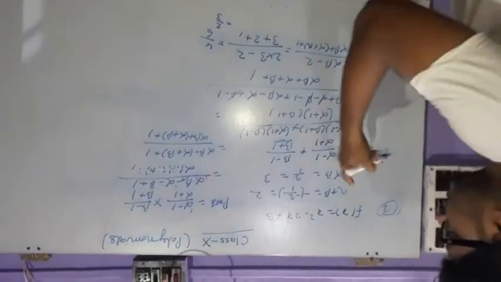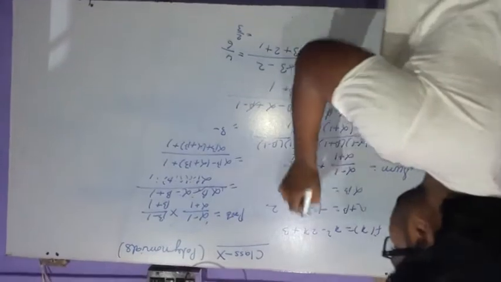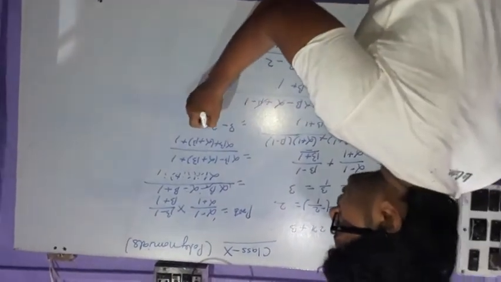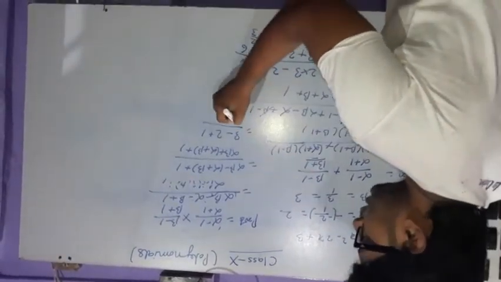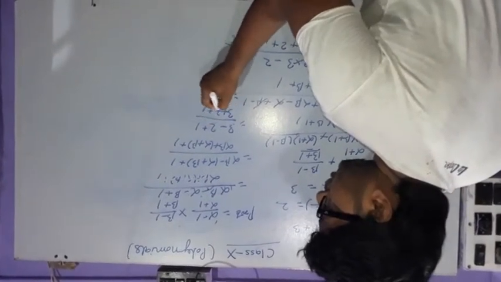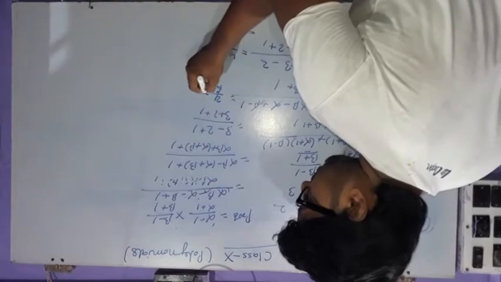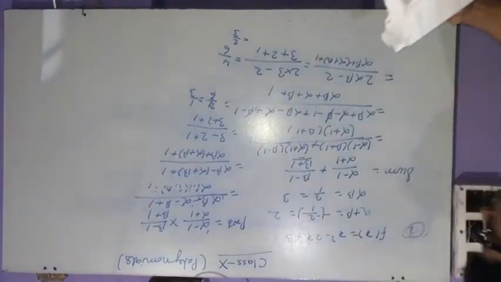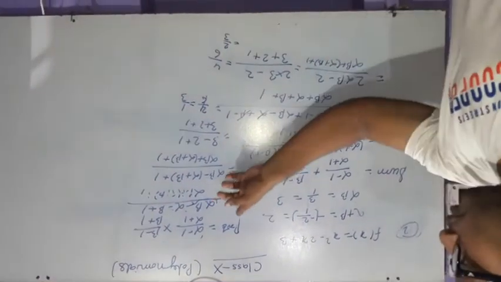So alpha beta is 3, alpha plus beta is 2, and plus 1, upon 3 plus 2 plus 1. So 3 minus 2 is 1, 1 plus 1 is 2, upon 6, which is 1/3. So the sum is 2/3 and the product is 1/3.